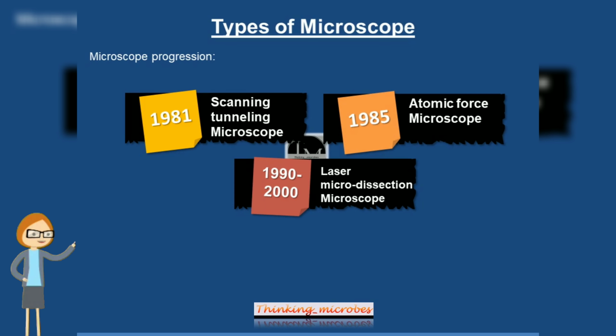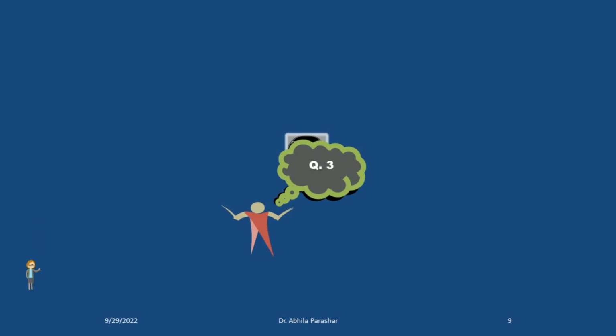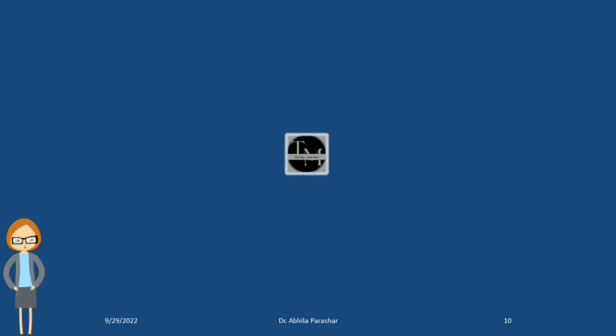So after knowing all the names of the microscopes, the next question is coming. Question third is, what are the commonly used microscopes in the laboratory? In the case of the microbiology or biology field, we have a list of microscopes.